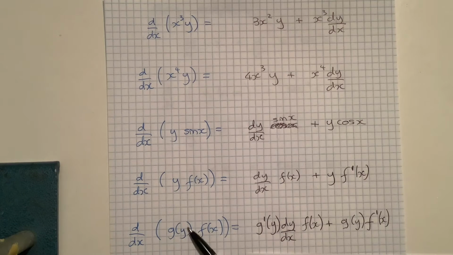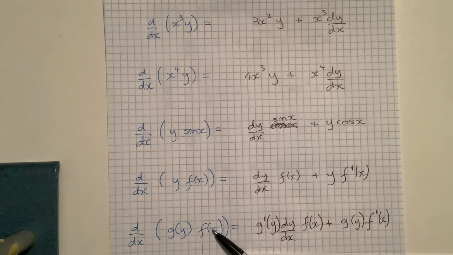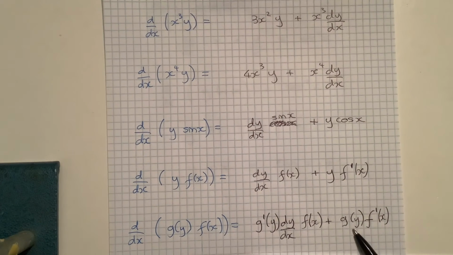I'm going to differentiate this with respect to y, which will give me g dash of y, then multiply it by the dy by dx function. So I've differentiated g with respect to y to get this, then multiplied it by the dy by dx. So this is the implicit way of differentiating this with respect to x. Then times it by f of x. And then I'm going to differentiate the f of x function, which I can do easily to get f dash of x, times it by the g of y.